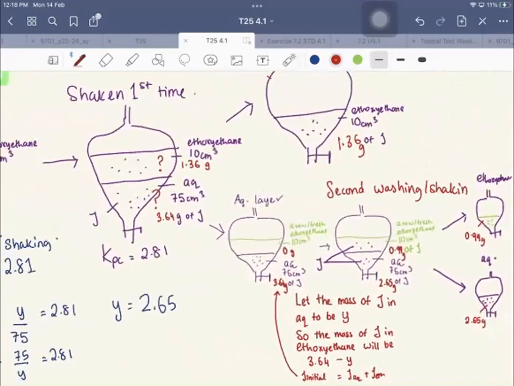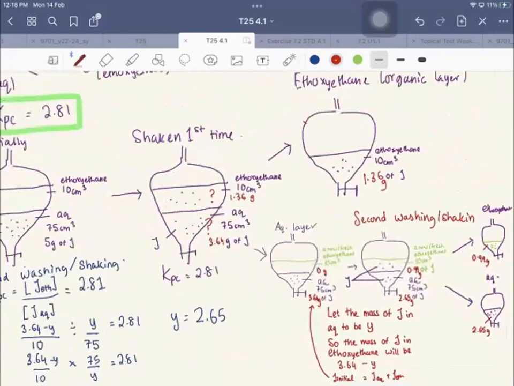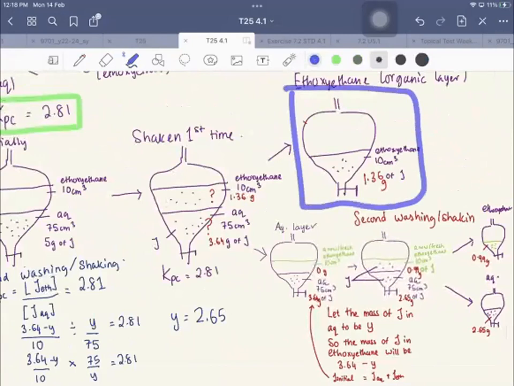The question is now saying, calculate the total mass of J extracted by this procedure. The two organic layers were combined. So the two organic layers are the first one, the ethoxyethane layer from the first washing, and the ethoxyethane from the second washing.